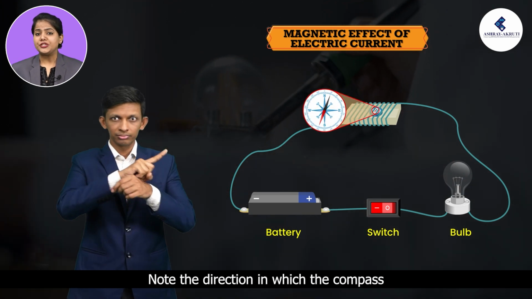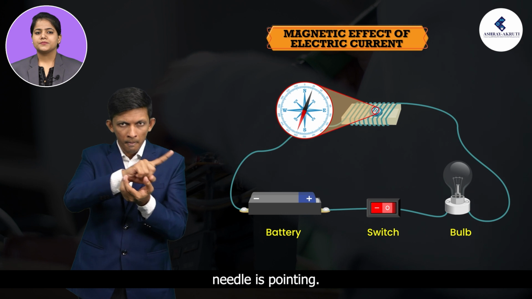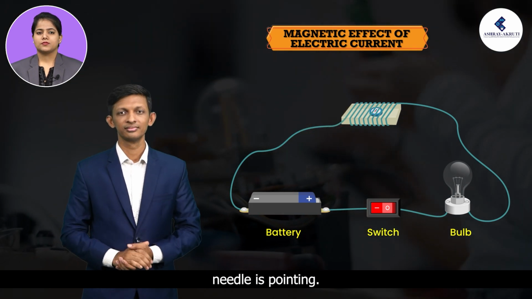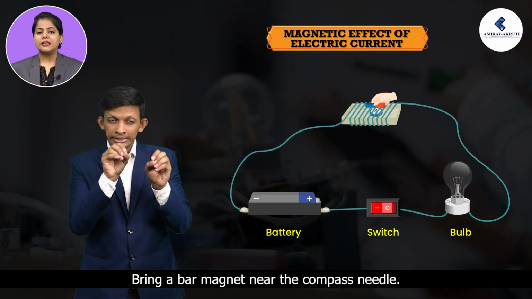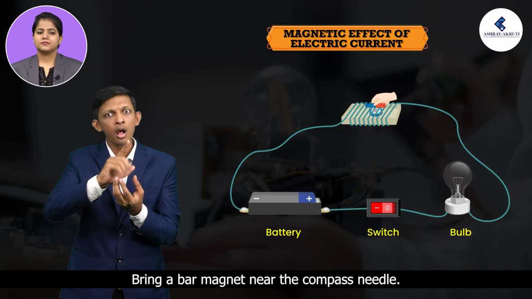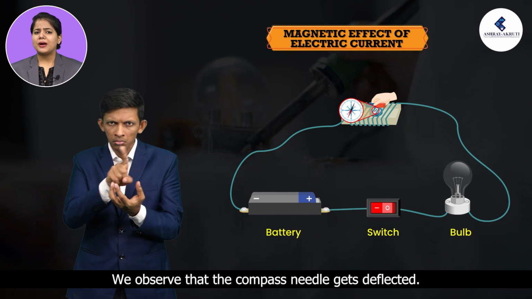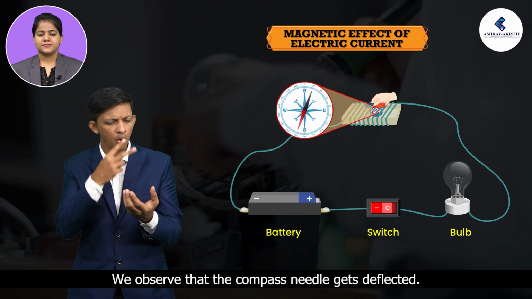Note the direction in which the compass needle is pointing. Bring a bar magnet near the compass needle. We observe that the compass needle gets deflected.